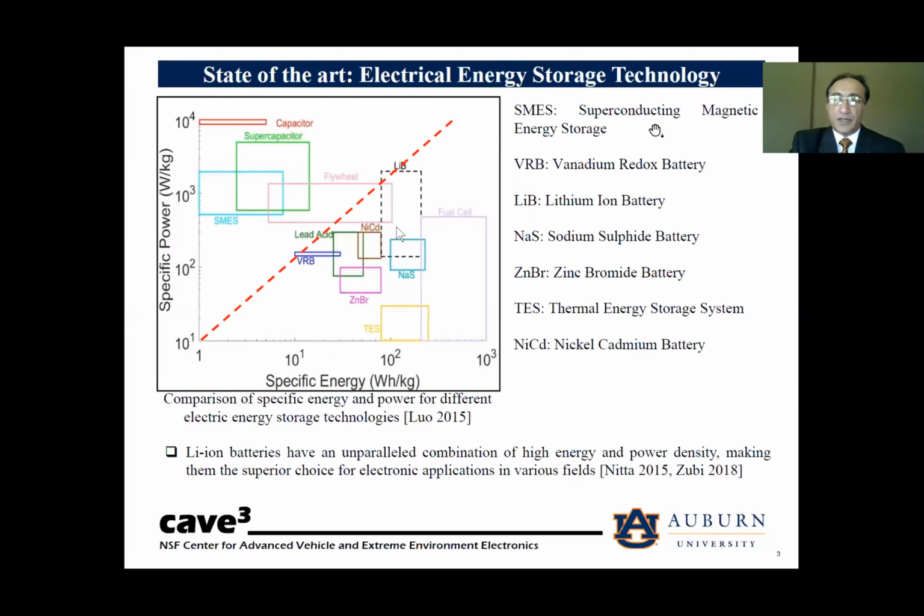So, for example, SMES, which is superconducting magnetic energy storage, provides you high specific power, but low specific energy.